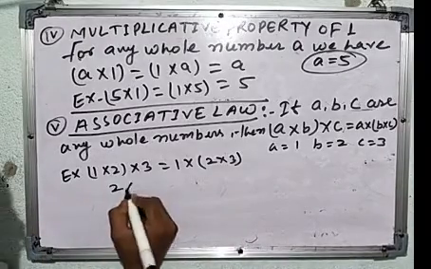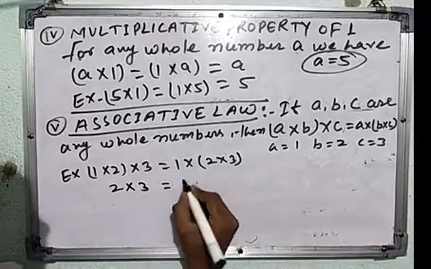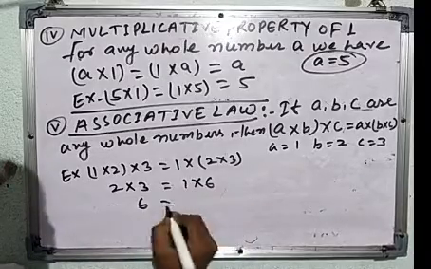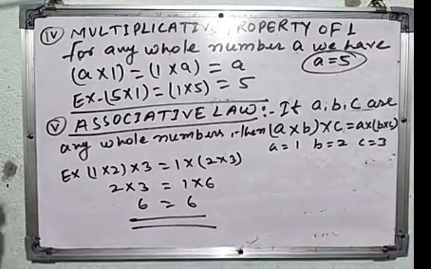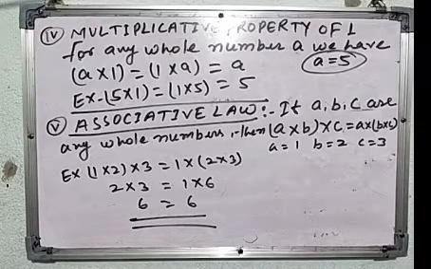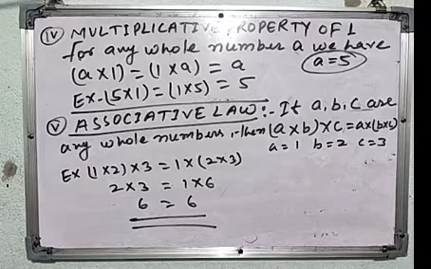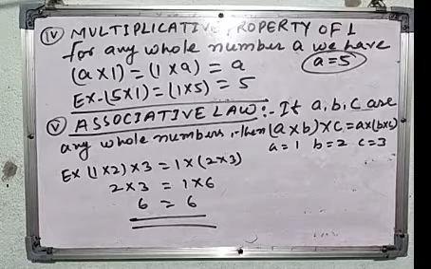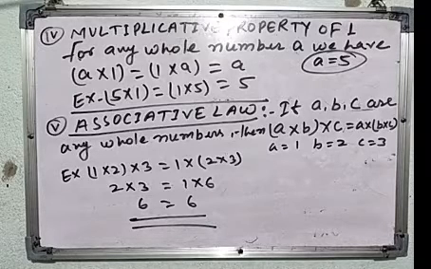One two is 2, into 3 equal to 1 into 6 equal to 6. So they are always equal. In associative law, A into B in bracket into C always equal to A into bracket B into C.